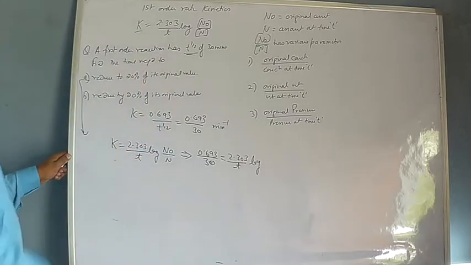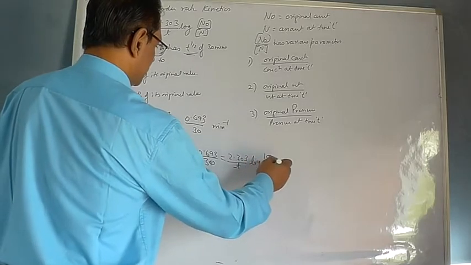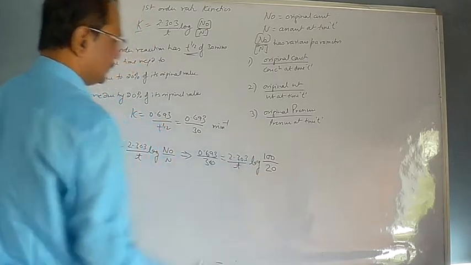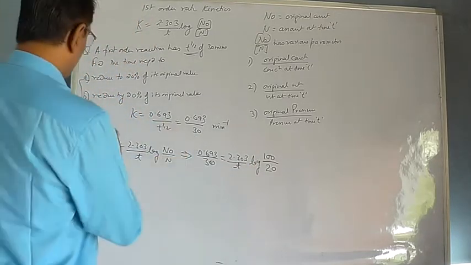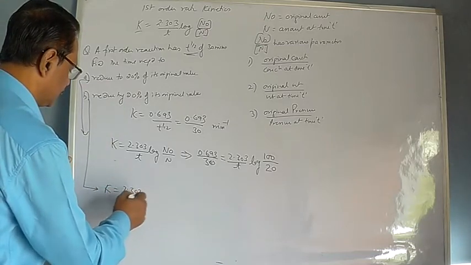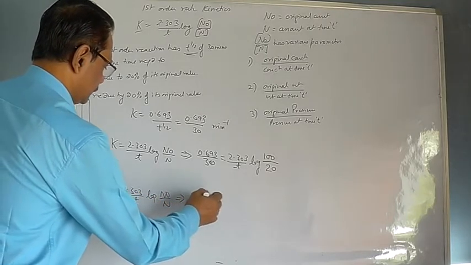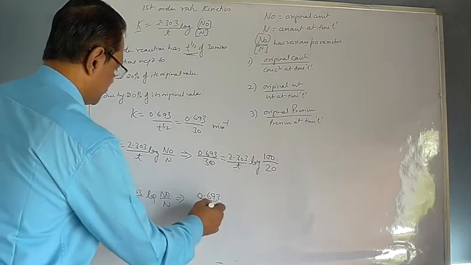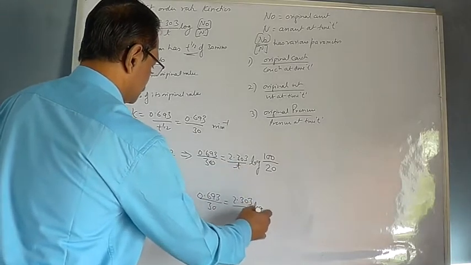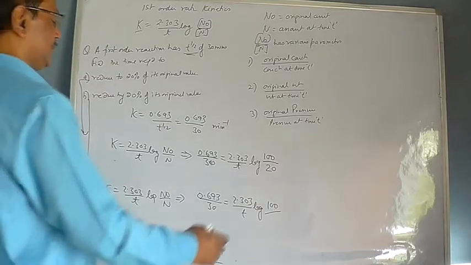Class, whenever the question is given in percentage, original is always 100, and the condition was reduced to 20%, meaning 20% is left. Now you can solve it. In our second case, k equal to 2.303 upon t log n0 by n. Again k will be the same, 0.693 upon 30 equals 2.303 upon t log original amount, again 100, but reduced by 20% means whatever is left is 80%.